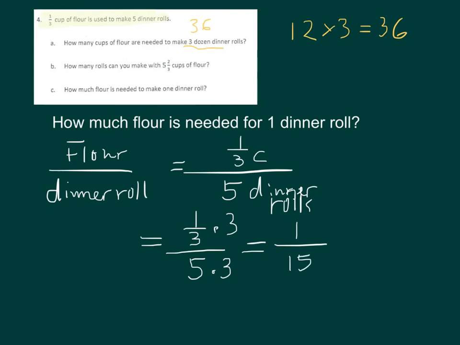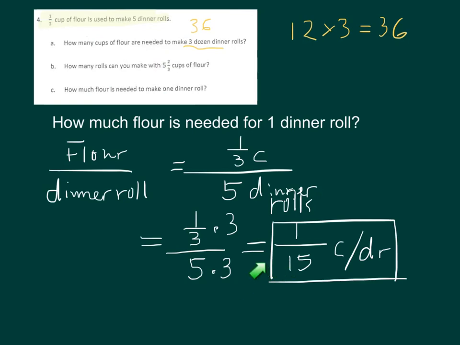So your answer is, it takes 1/15th cup of flour to make 1 dinner roll. So 1/15th cup per dinner roll. I'll just use dr here. And remember, even though we do this part first, it's actually your answer for part C, so part C is done.